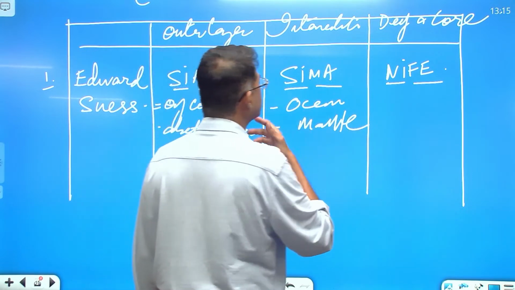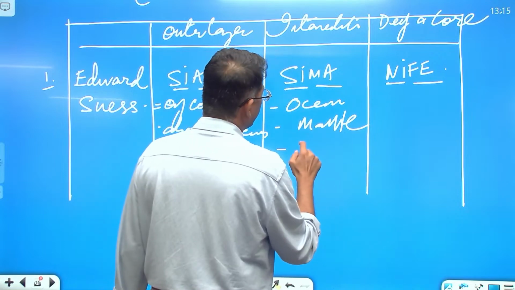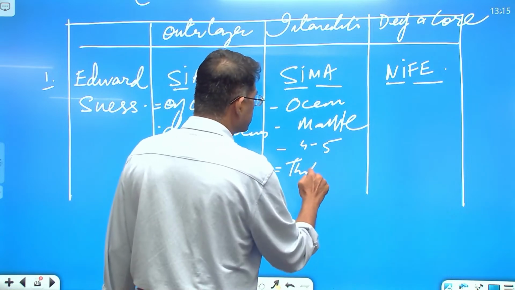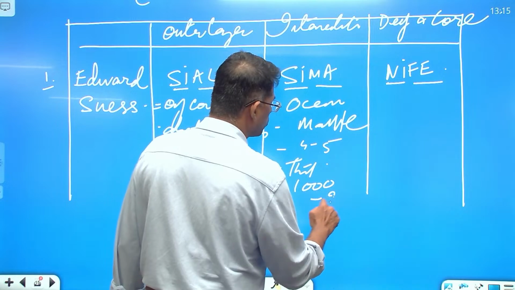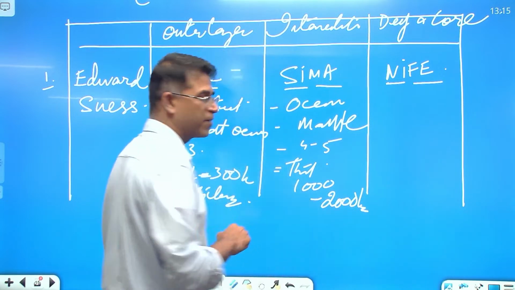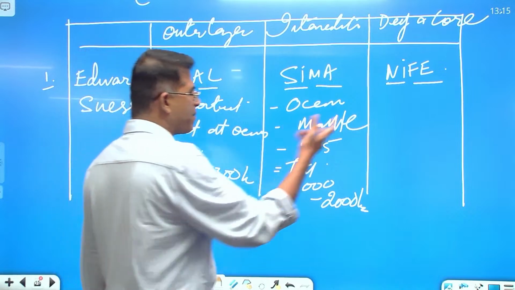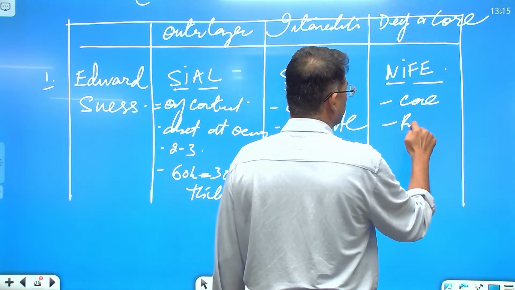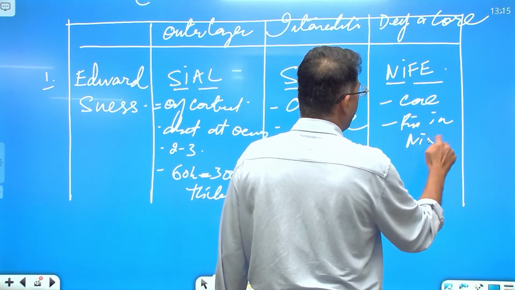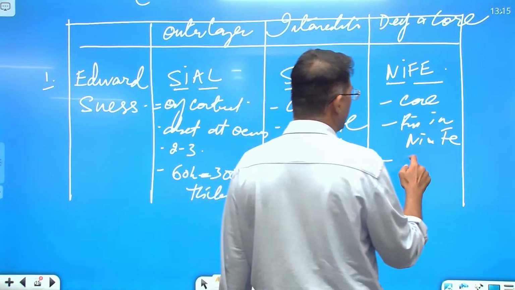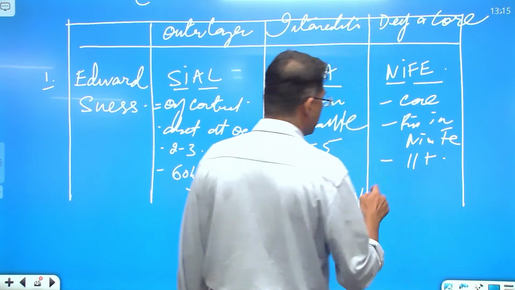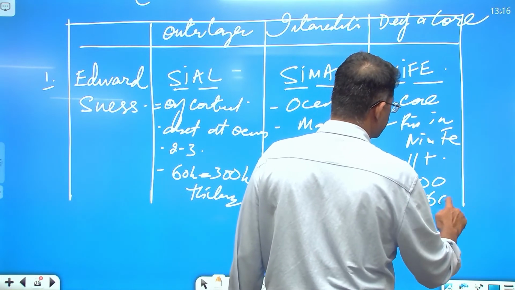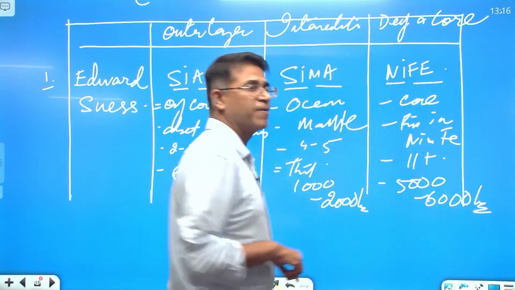The Sima layer has a density of approximately 4 to 5, and this has a thickness of 1000 to 2000 kilometers. And the Nife, the deepest part, this is the core. This is rich in nickel and iron. It has a density of 11 and more, and this has a thickness of approximately 5000 to 6000 kilometers.